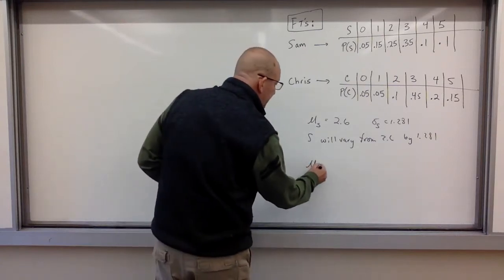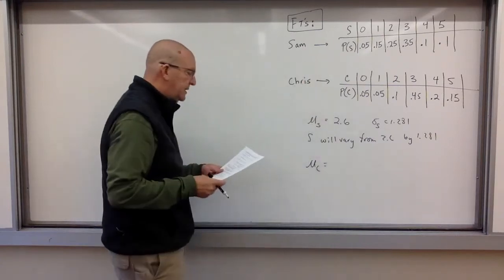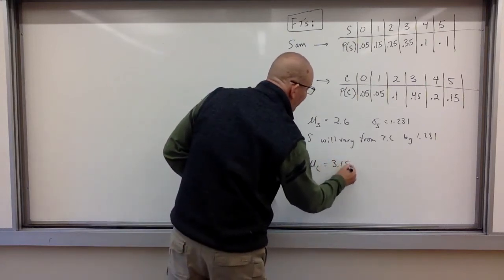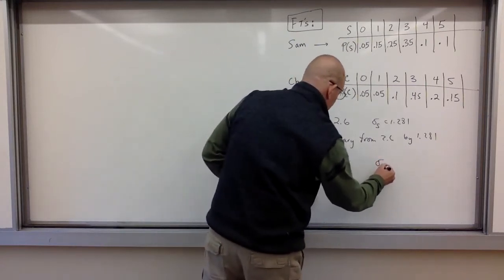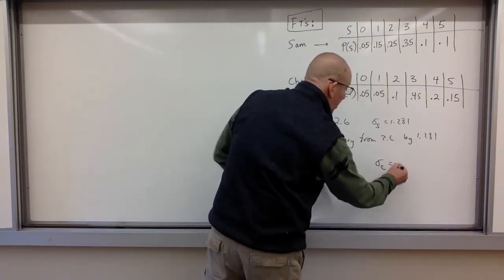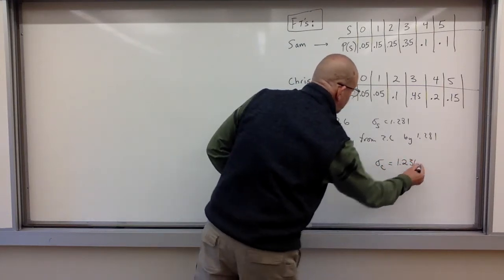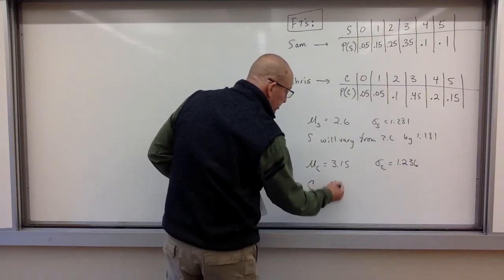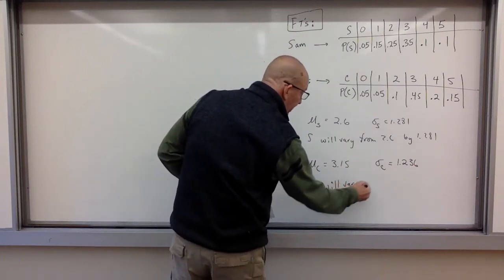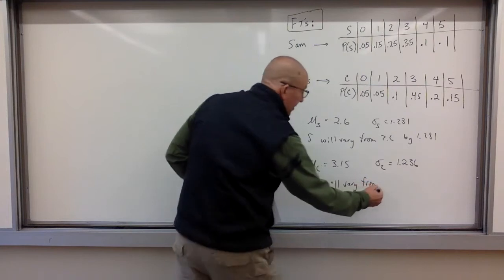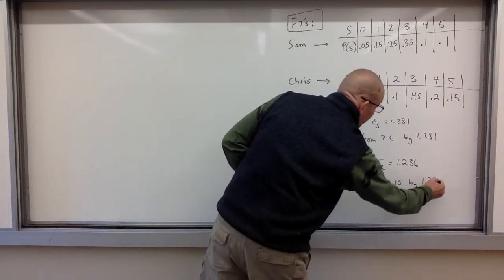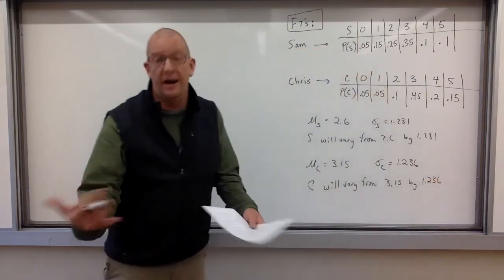Mu sub C. This is what Chris can expect to make. Chris can expect to make 3.15 free throws with a standard deviation of 1.236. Again, what will happen? C will vary from 3.15 by 1.236 on average.